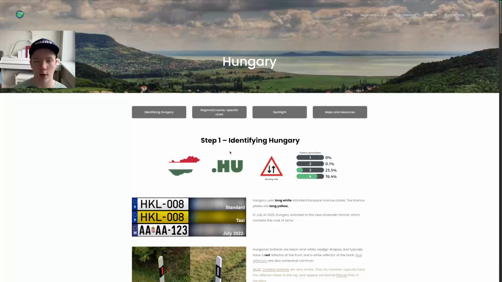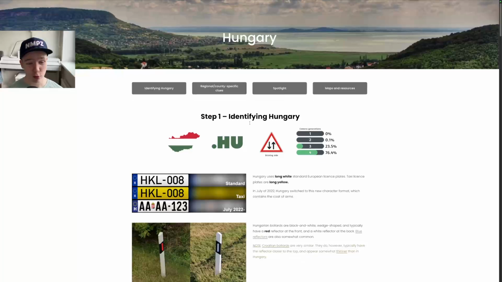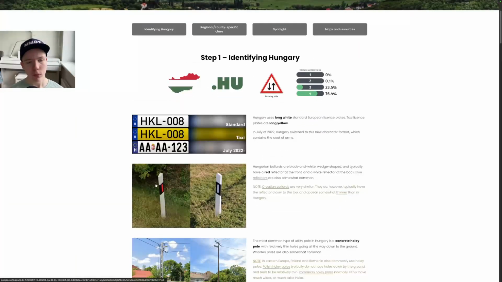This is the Hungarian flag.hu, driving on the right, and Gen 3 and Gen 4, and maybe you do get some Gen 2, maybe. The red reflector on the bollard is kinda unique to Hungary.